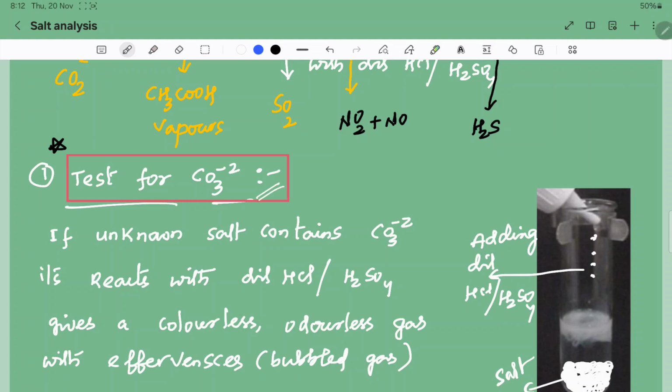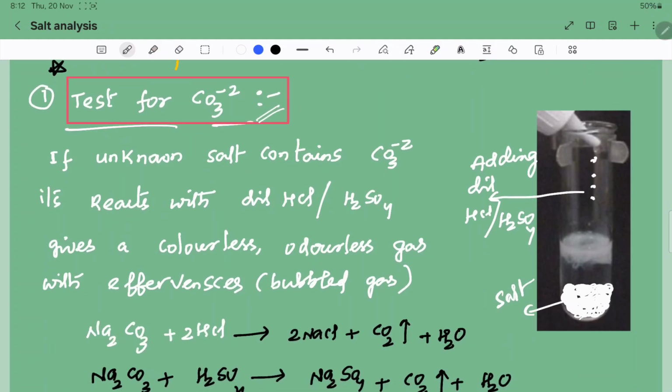In this test, students, take the salt in a clean test tube and add dilute HCl or H2SO4. When we add dilute acid to this salt, it will start a reaction and give a colorless and odorless effervescence, bubbled gas, which indicates that carbon dioxide is released.